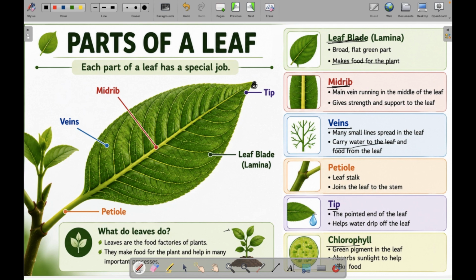If you look at this, this is the tip of a leaf. The major purpose of this is to help water drip off. Otherwise, there will be a lot of weight coming from that water if the water is not dripping off from the leaf. Eventually, it may collapse. Okay, so that is why we have this tip that helps excess water drip off from the surface of the leaf.